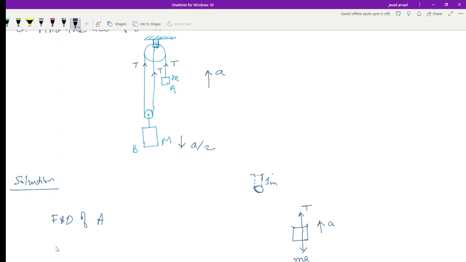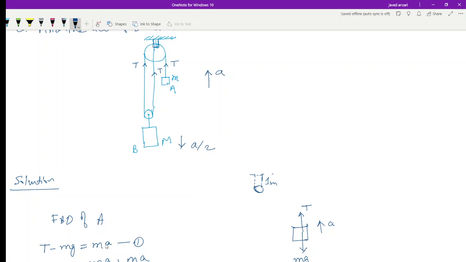That's it, right? So let's apply Newton's second law of motion for this one. T upward minus mg downward equal to ma, equation 1, or T equal to mg plus ma.